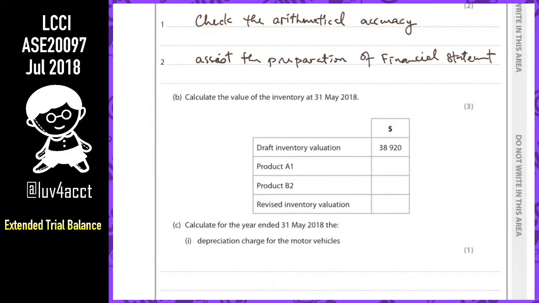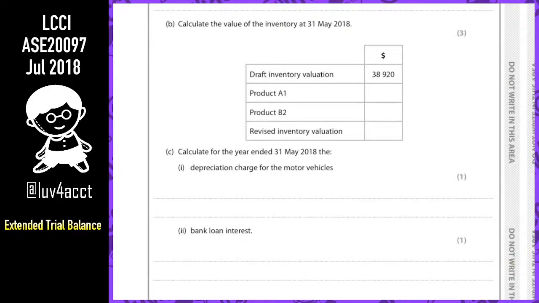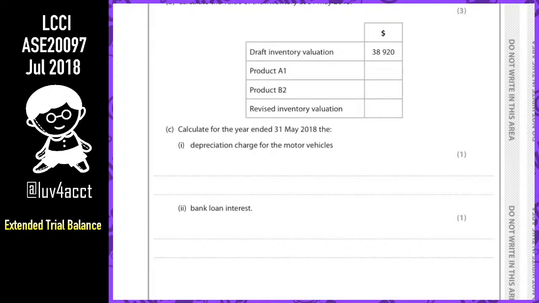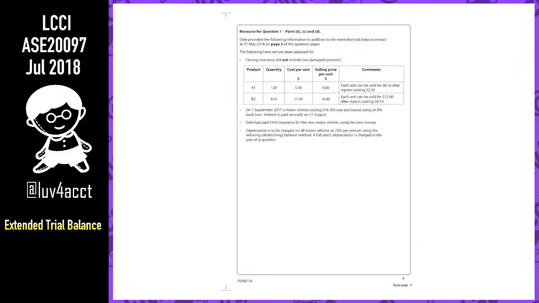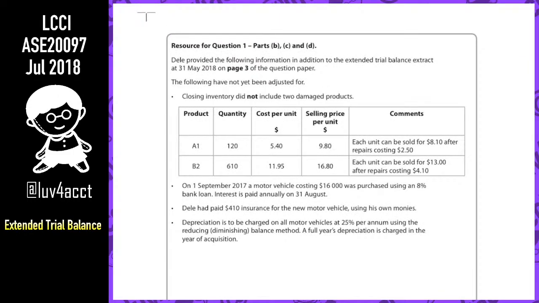Then we have to calculate the inventory value, given to us, the draft inventory value, the provisional one and the revised one, and the depreciation charge for motor vehicle, bank loan interest, and then we will put them in the extended trial balance. Daddy provided the following information.